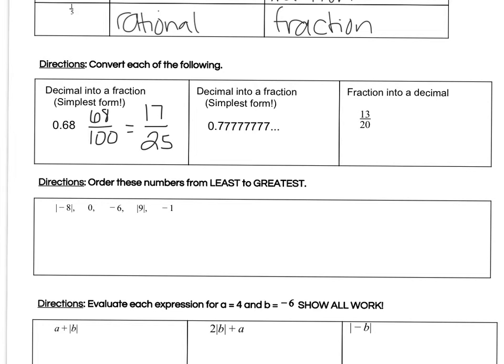Next, change the decimal into a fraction. Again, it needs to be in that simplest form. Let's recall that that is a repeating decimal, so we're going to write it as 0.7 with a line over it. That makes it way easier for you to read.